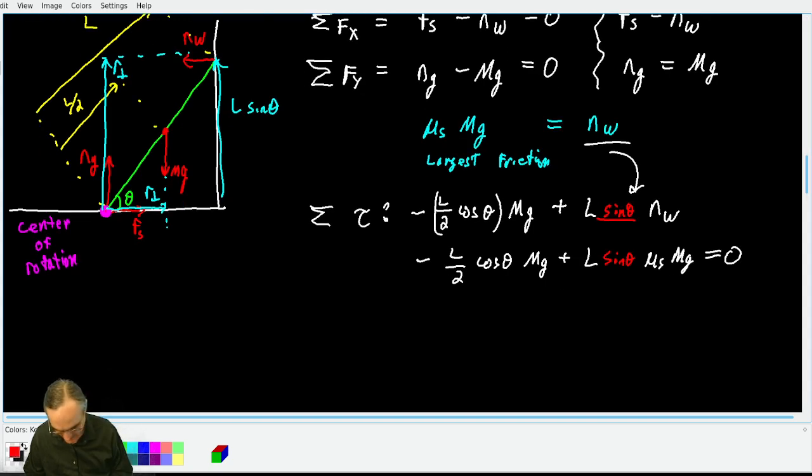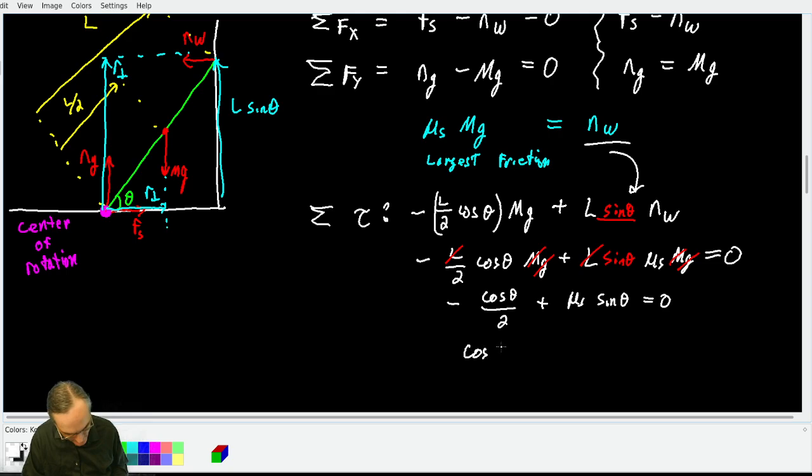All right, looking at this, L, M, and G are common to all the pieces. We can divide through by those and get rid of them entirely. So we have minus cosine theta over 2 plus mu sub s sine theta equals 0. All right, cosine theta over 2, we'll move it to the 0 side and rearrange things a bit. Mu sub s sine theta.